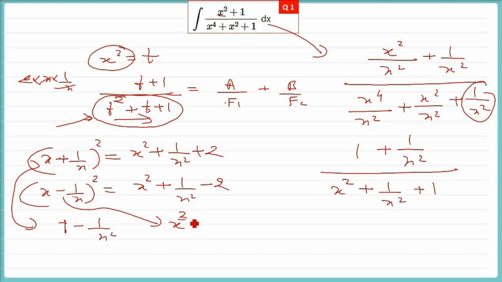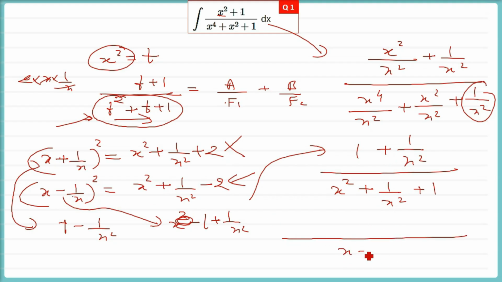When you differentiate x plus 1 by x, it will be 1 minus 1 by x square. When you differentiate x minus 1 by x, it will be 1 plus 1 by x square. So we ought to have x minus 1 by x in the denominator in order to get 1 plus 1 by x square in the numerator. Alright? So the second one we'll take here in this case. Let me explain you again.